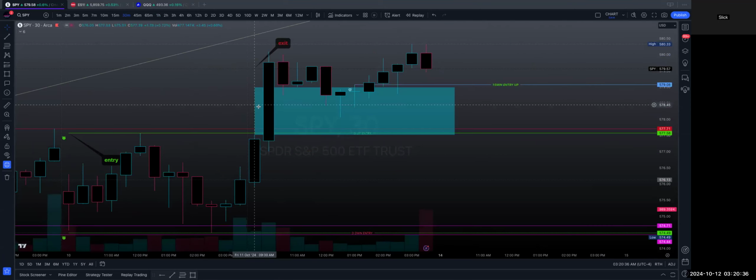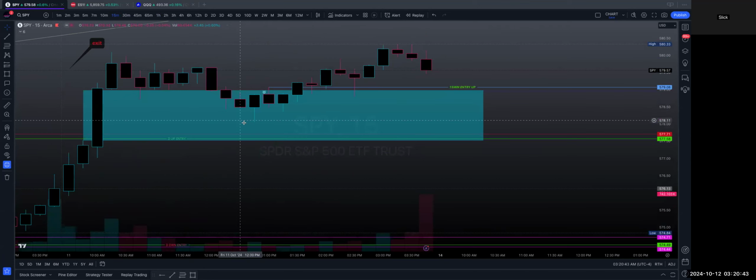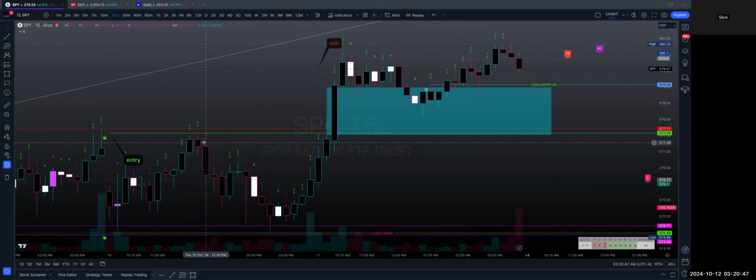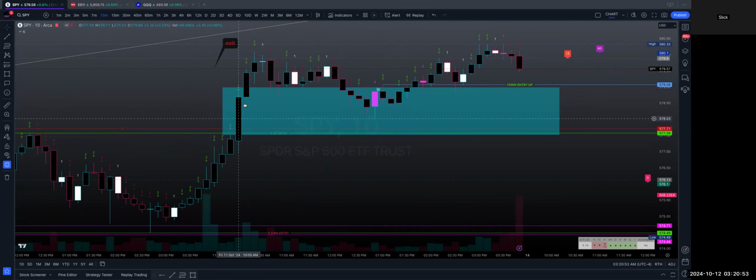But scrolling down on these other time frames, as you can see, 2-2 reversal, same thing. 15-minute chart, 2-2 reversal. 10-minute, I mean, not 2-2 reversal, 2-2 continuation.